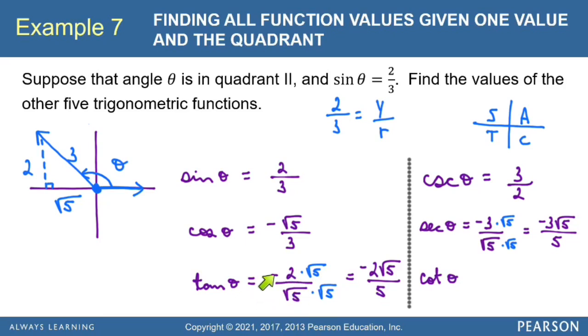But if I take this pre-rationalized version and flip it over, I'll have negative square root of 5 over 2, and that answer does not need to be rationalized. You would come out to the same answer if you flipped this over, but you would have a lot of rationalizing and simplifying to do first. So why not go the easy way? Most of the time, it's easier to flip the unrationalized number than it is to flip the rationalized one. And so this is our final form for cotangent, and we have found all 6 functions for theta.